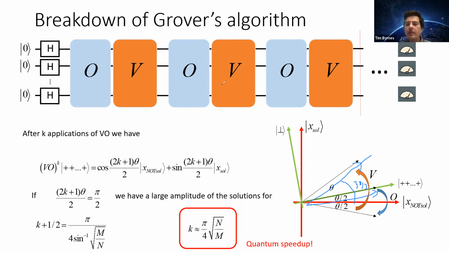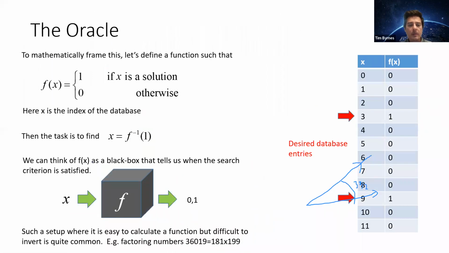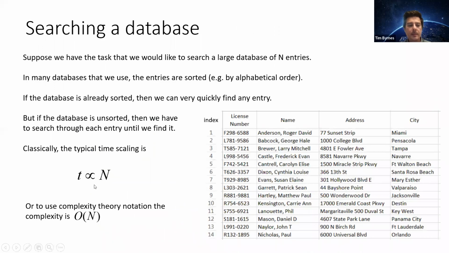Okay. Now, let's go back to what our original problem was. Remember what we're trying to do in the first place is search for something in the database. And maybe what I should have written here is that I didn't really say how many solutions there were.